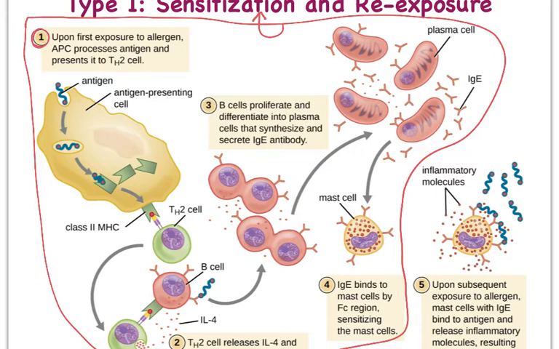Notice that we have numbers to easily follow this diagram: 1, 2, 3, and 4, all the way to the formation of your IgEs. All of that is happening during the first exposure. So let's go through them before we get to number 5, which is the actual hypersensitivity 1 reaction.